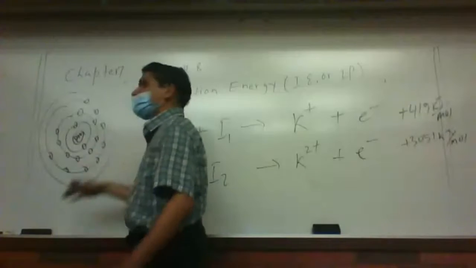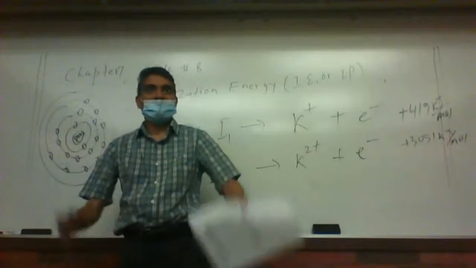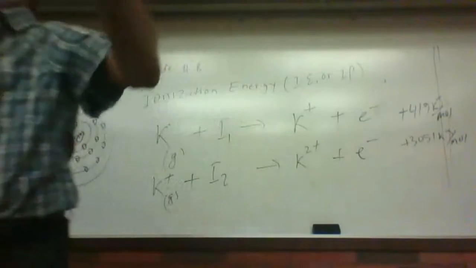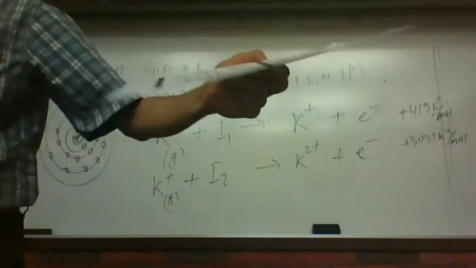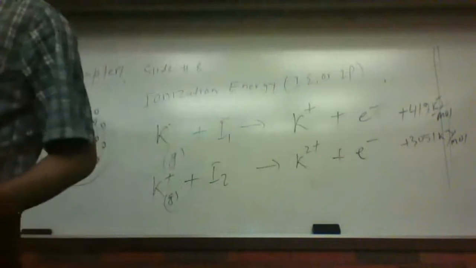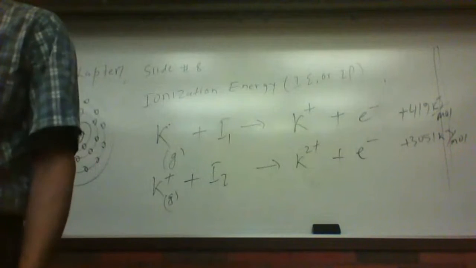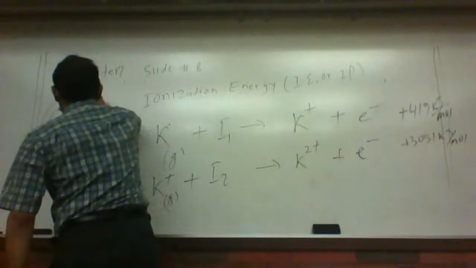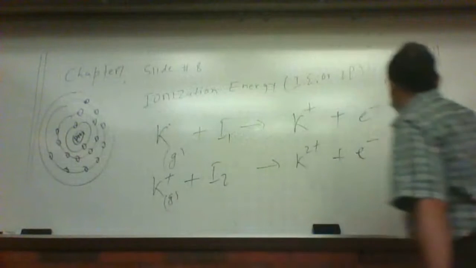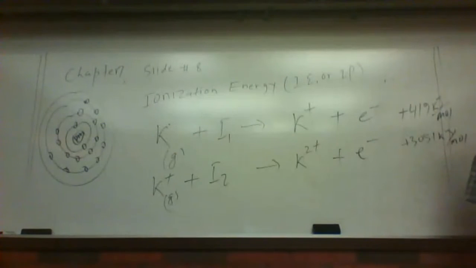It takes too much energy to break the full shell. If the shell is very full, it has 8 electrons in its orbit, so it takes too much energy to take the electron out from the full shell or half shell. So to remove this electron, it takes a very high amount of energy, almost 7 times higher.